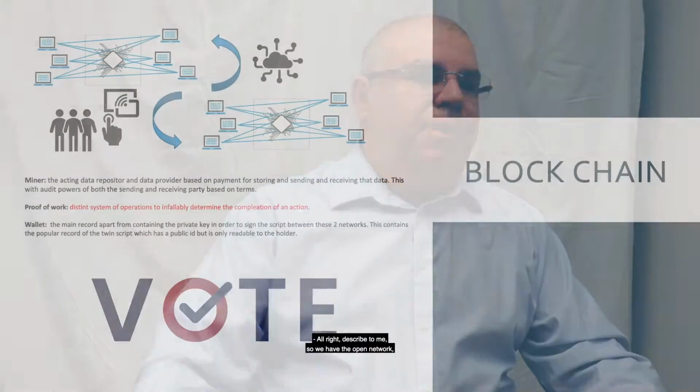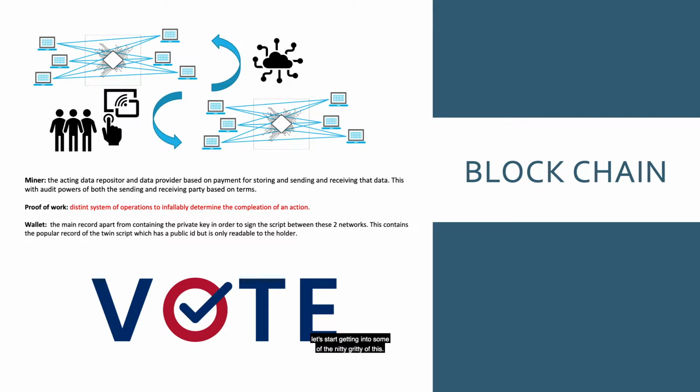All right, describe to me. So we have the open network. Let's start getting into some of the nitty gritty of this. So we've talked about identity. So the person has their address now and they're about to go vote. So they're going to use some sort of system, whether it's their phone, perhaps their PC, or if you have no technology, you go to a library or some institutional controlled environment that's sterile and supposedly not influential at this phase.